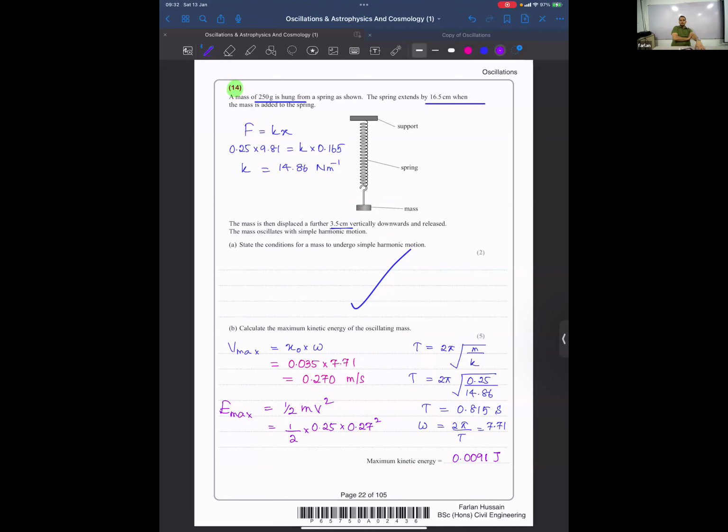So when particles are made to vibrate at another frequency, and if the natural frequency of the particle matches the driving frequency, then the particles will vibrate with maximum amplitude. What do you call that? You call that resonance.